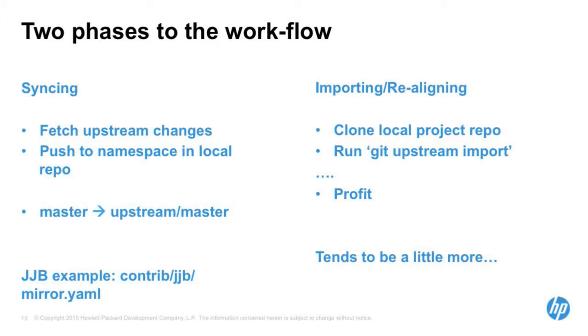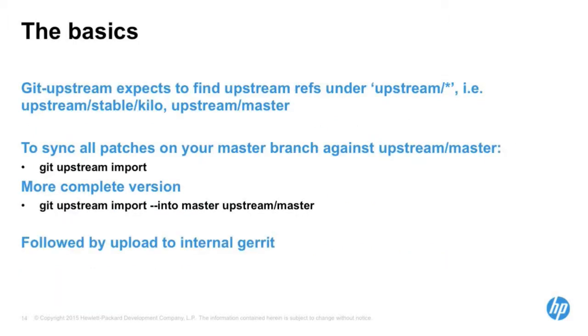And then you have the next step, which is importing and realigning, and that's git-upstream import, ideally the entire command line, for it to work out what patches you're carrying and apply them again. This is the basics. You just run git-upstream import, but there are options to deal with just about everything.